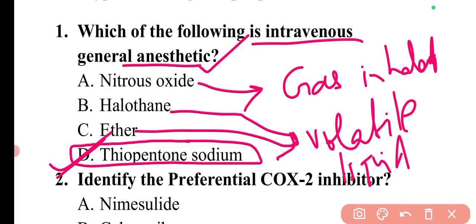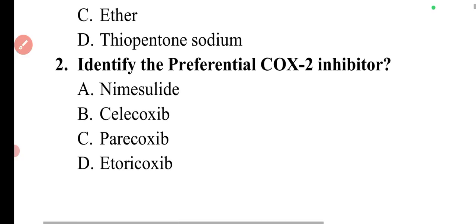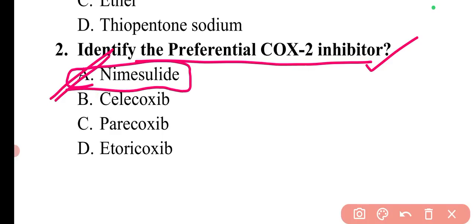Then we can move to the next question: identify the preferential COX-2 inhibitor. The preferential COX-2 inhibitor is nimesulide, so option A will be the correct answer. Basically, there are different non-steroidal anti-inflammatory drugs, and different classes are there. Several are selective COX-2 inhibitors: celecoxib, parecoxib, and etoricoxib.